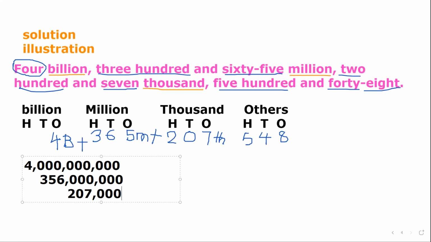Then the others possess no zeros. So we have the 548. Okay, good. Then you add them.